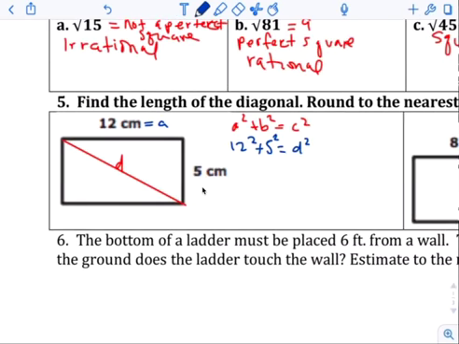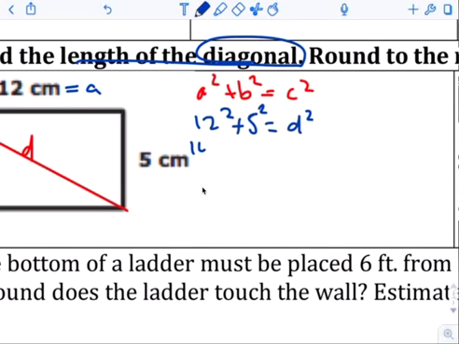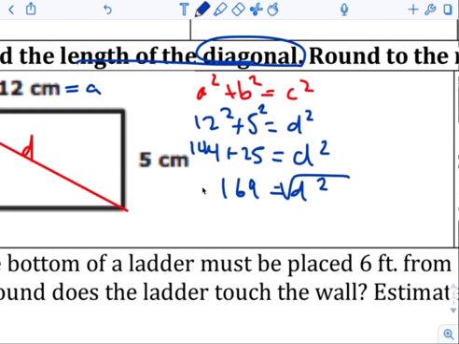We're finding the length of the diagonal. D is for diagonal. 144 plus 25 equals diagonal squared, 169. Take the square root of that, and the square root of d squared is d. Square root of 169 is 13, so the diagonal is 13 centimeters.